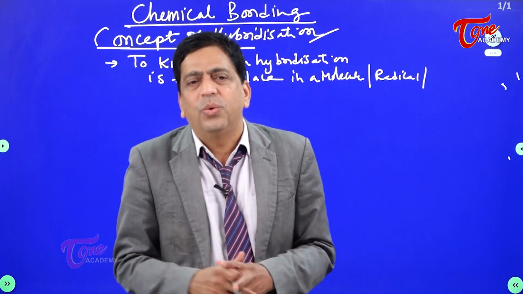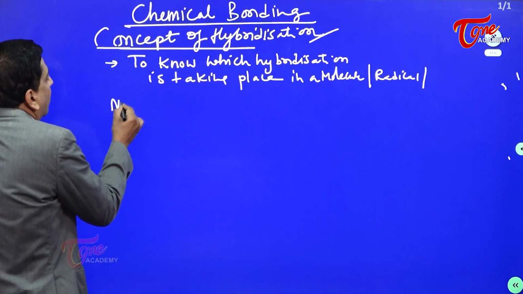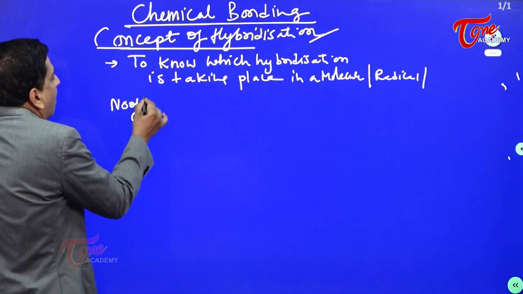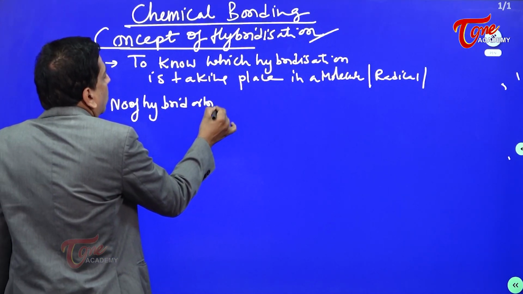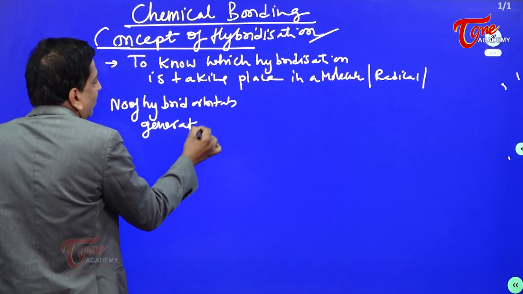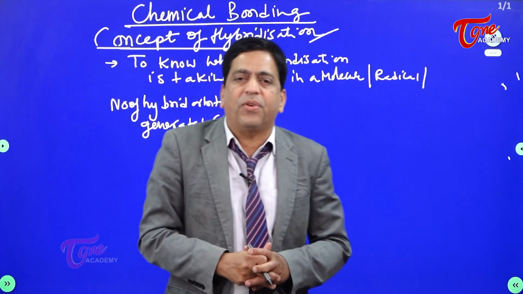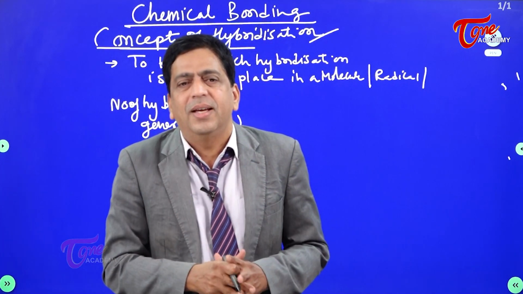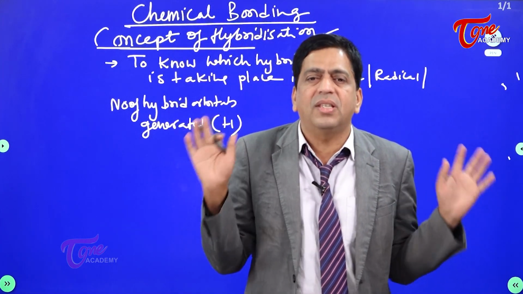So first you need to know the number of hybrid orbitals generated. That is H. If you can know the number of hybrid orbitals generated, then you can fix the hybridization.